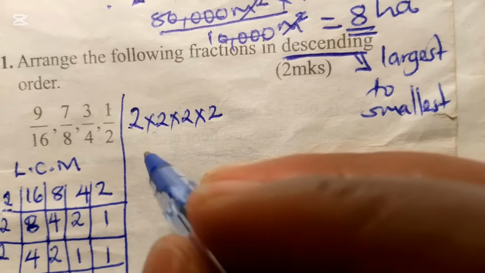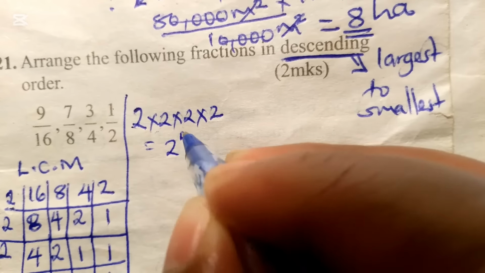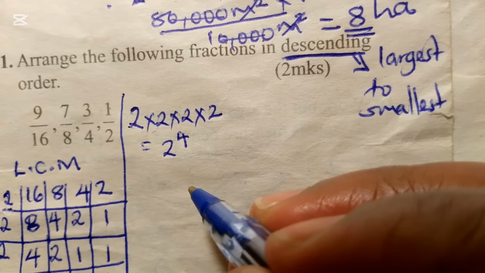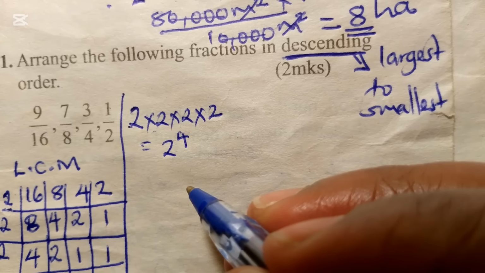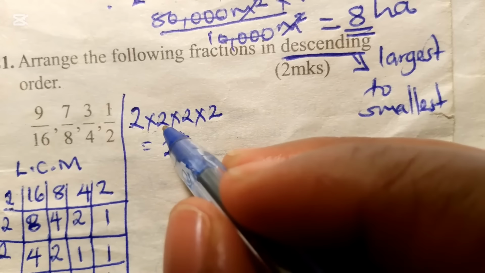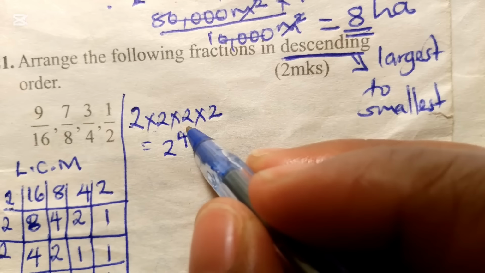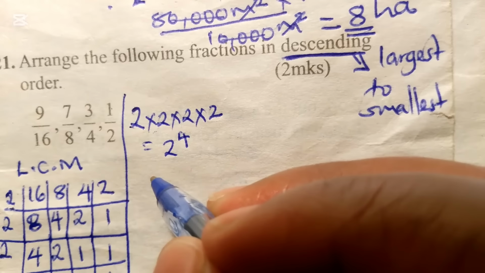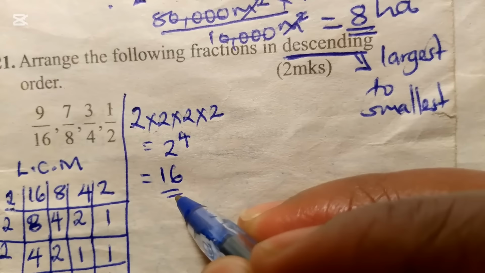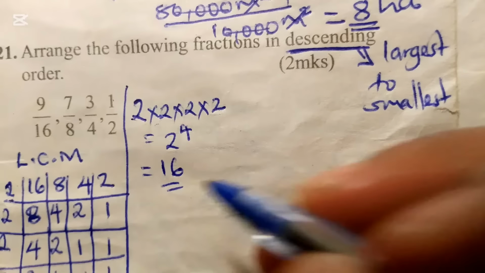This is the same as 2 power 4, not 2 times 4. Are you getting the difference? Or else you can say 2 times 2 is 4, times 2 is 8, times 2 is 16, because 2 power 4 is 16. Avoid that mistake. So this is the LCM.